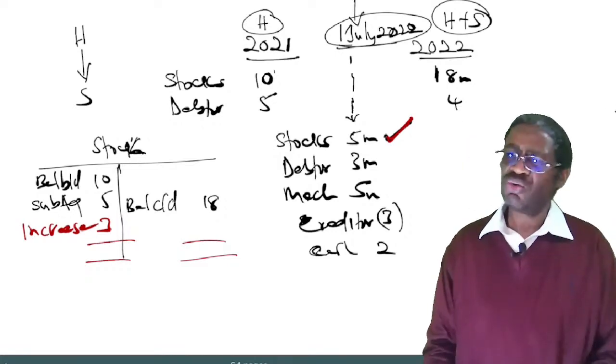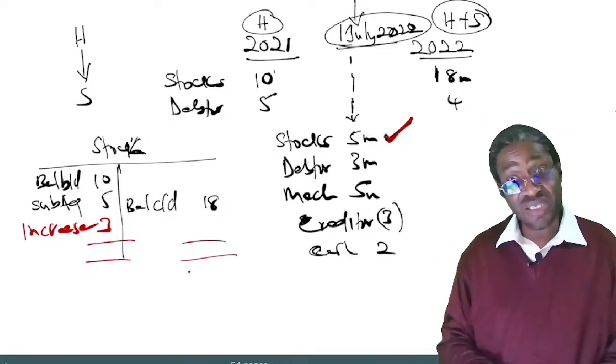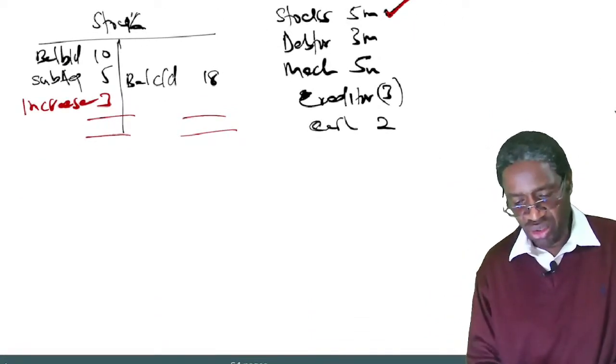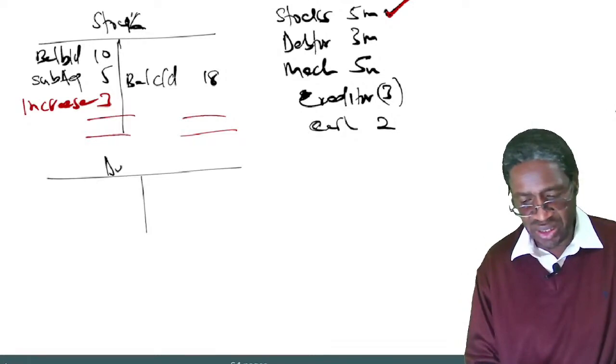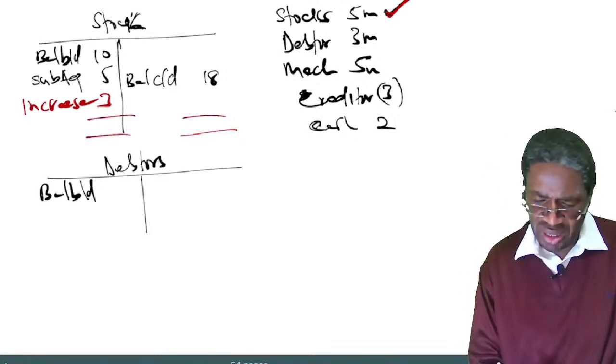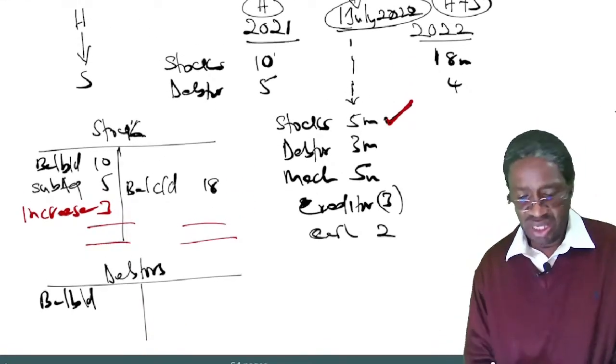So for you to know whether there was an increase or decrease in debtors, again, you will be required to open a debtors account. You will bring down the balance by the beginning, whatever it was last year, which from my illustration here is 5 million.